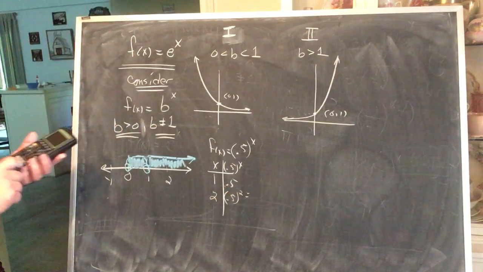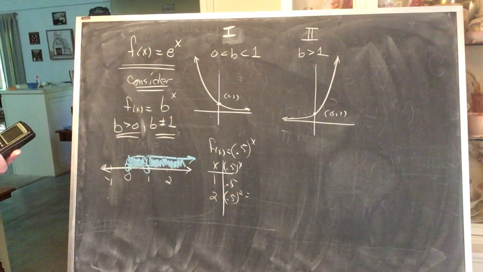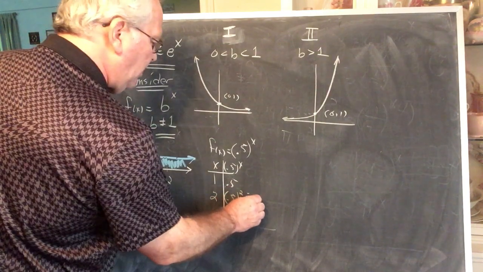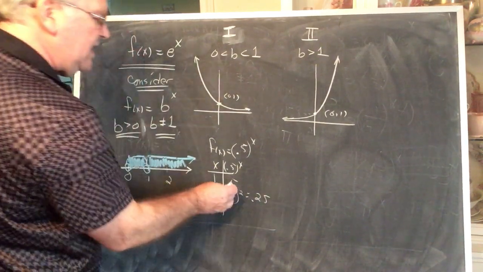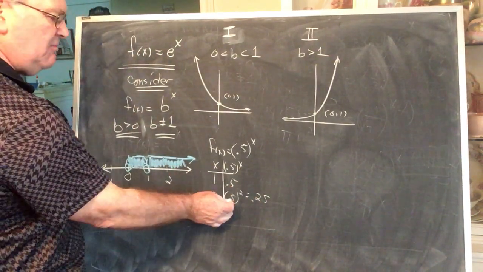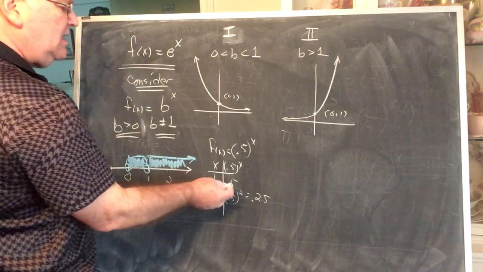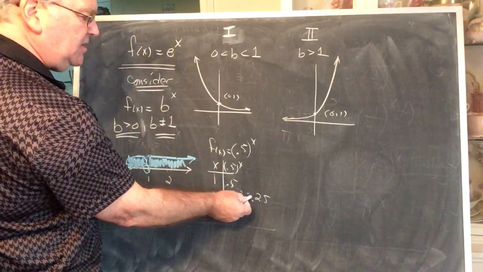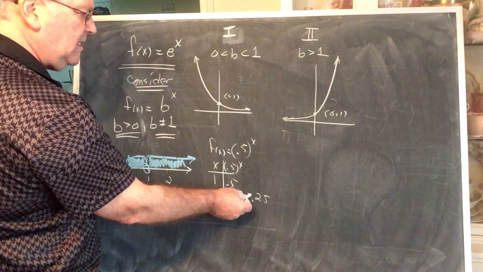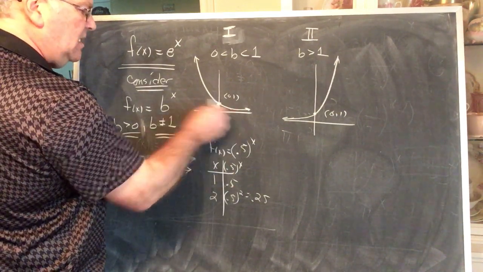That's 0.5 times 0.5. That is 0.25. It's half of that. Every time you multiply by 0.5, that is to say, every time you're multiplying by half, this is actually a half. Do you see this? This is a fourth. So 2 comma 0.25.